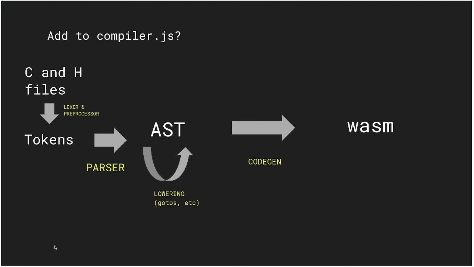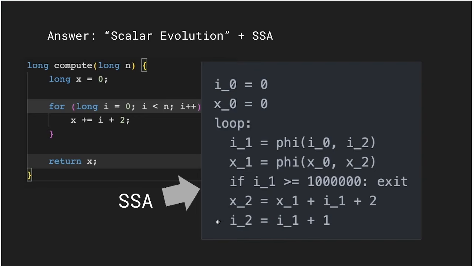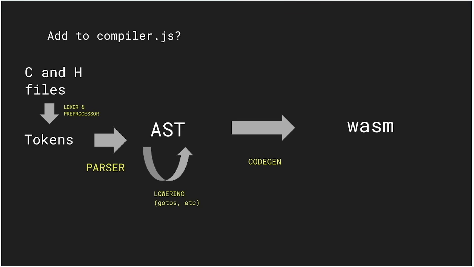But the key aspect of implementing this optimization is the SSA part, static single assignment, right? And currently, my compiler follows this pipeline.